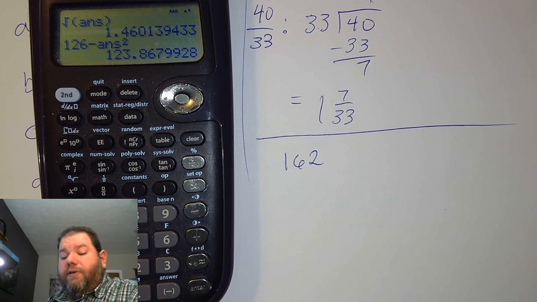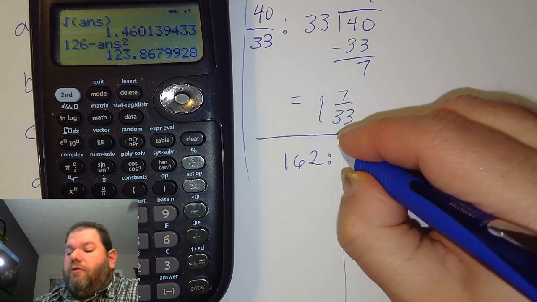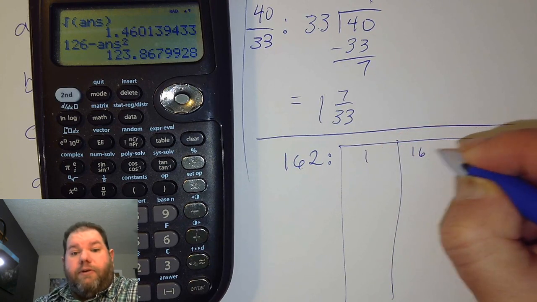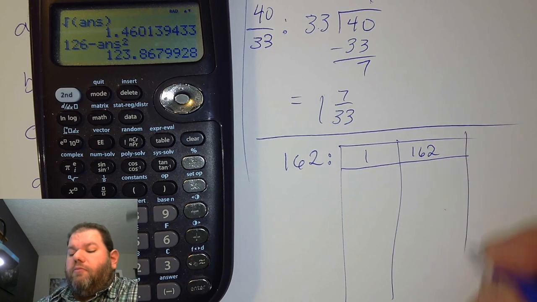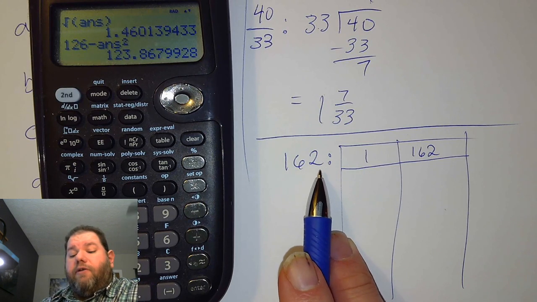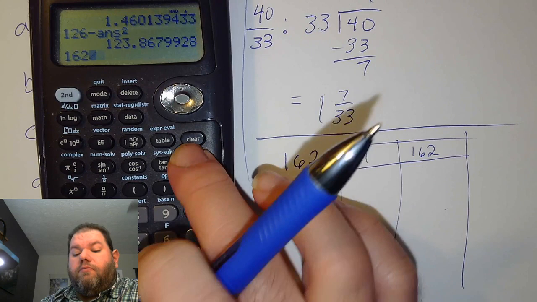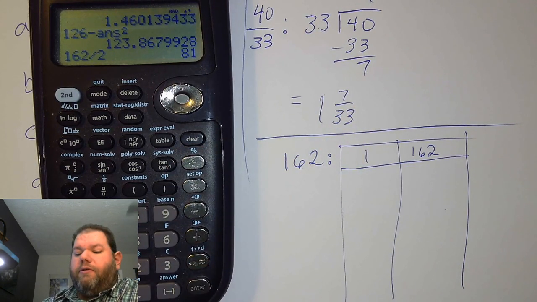Now for 162, we know certainly that the first set of factors is 1 times 162. Now, 162 is an even number. That means we can divide it by 2. So it's 2 times 81.